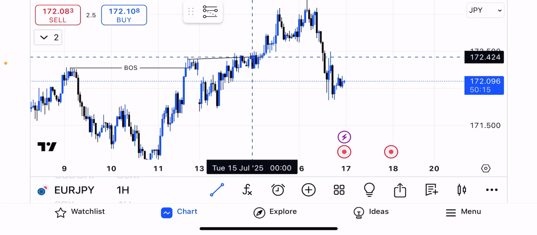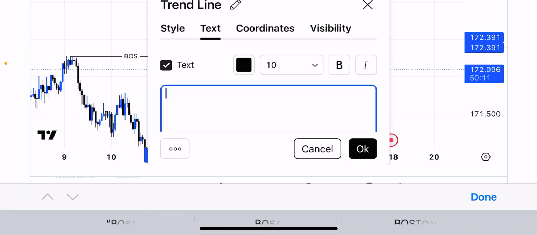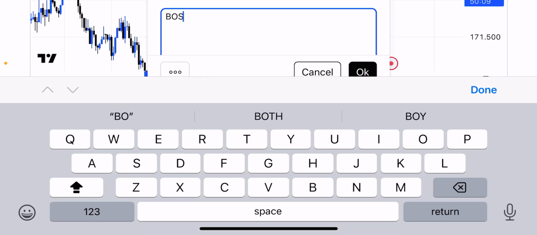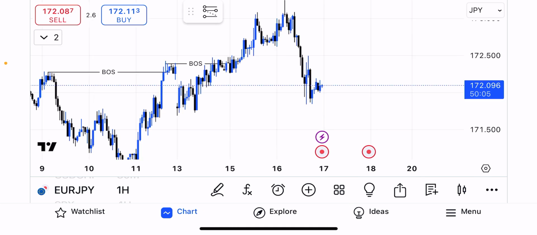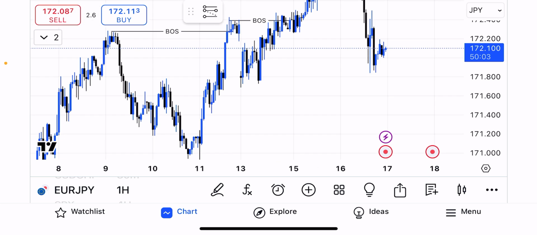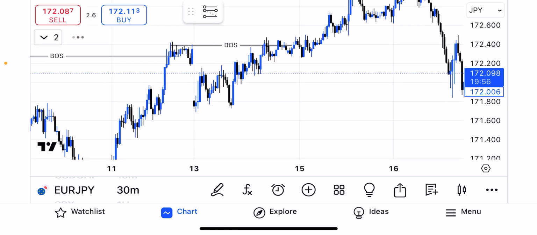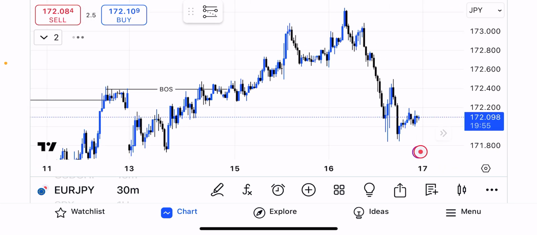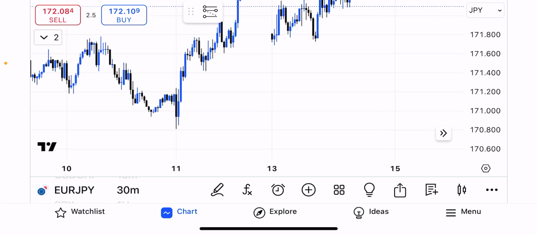Break of structure. Break of structure. If we go to the lower time frame, you can see it vividly. You can see break of structure, higher highs, higher low, higher highs, higher low, right?